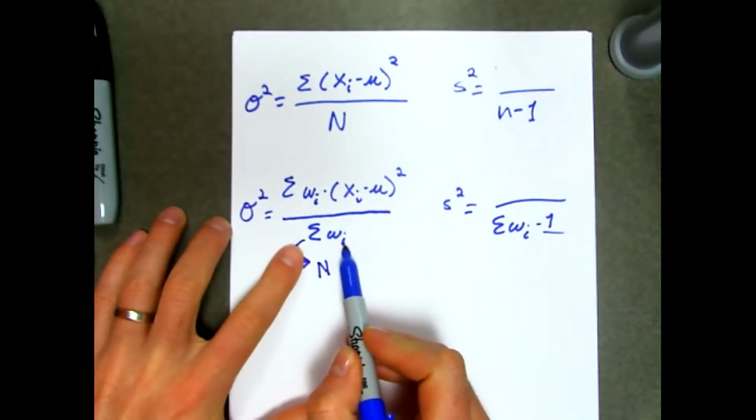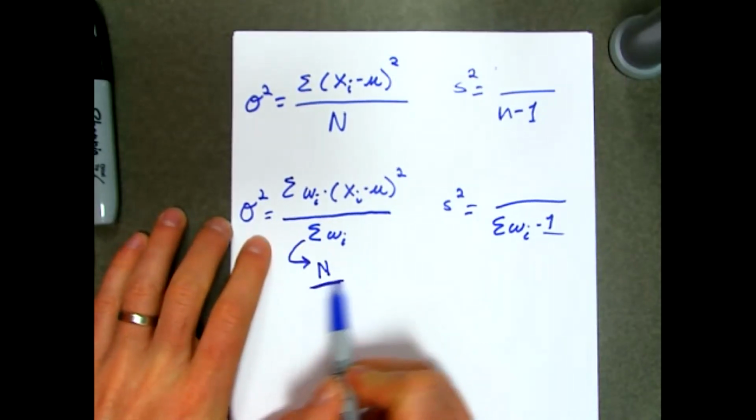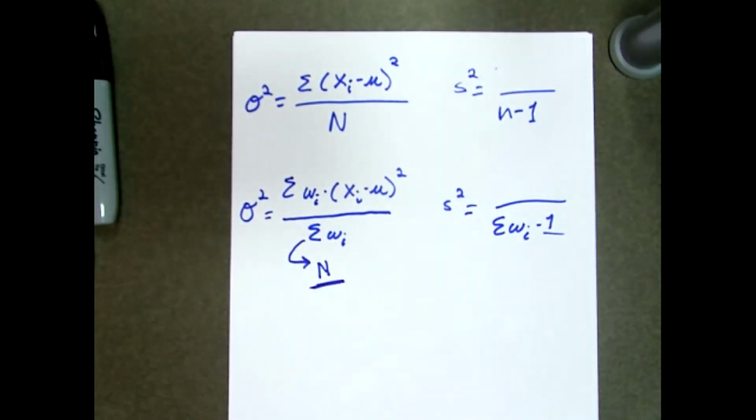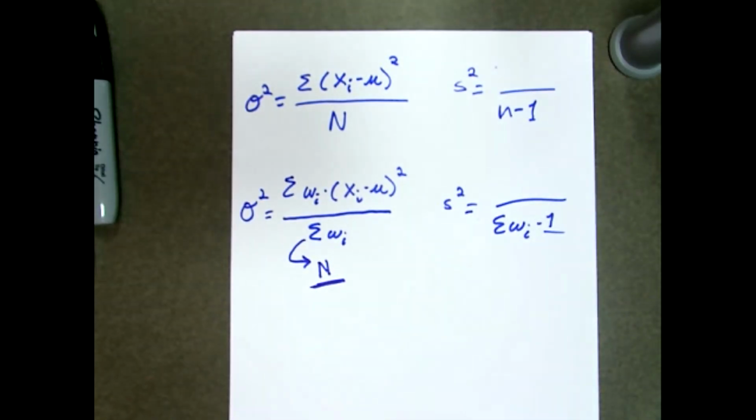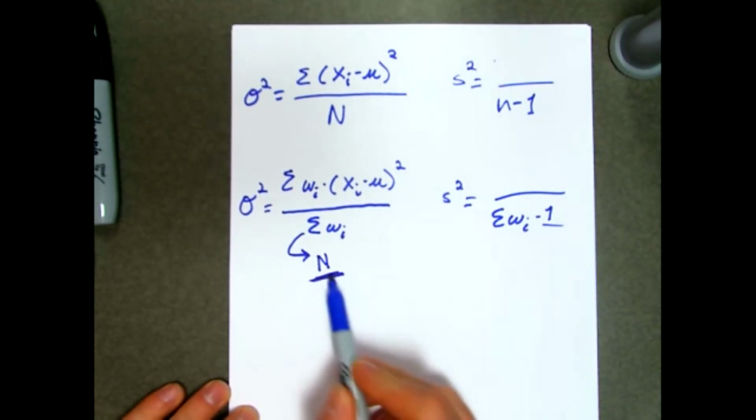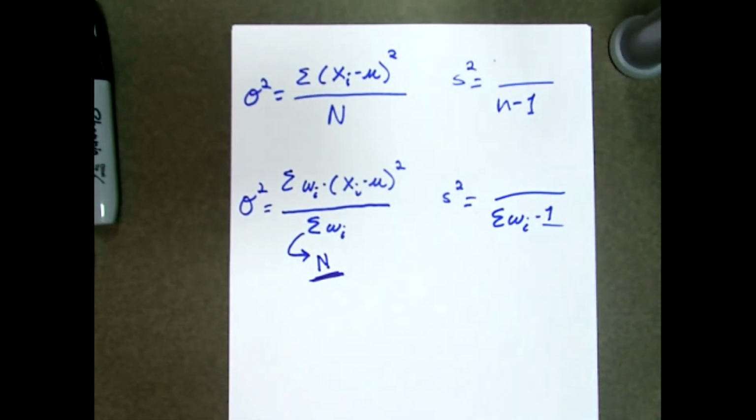So when I add those weights up, or I add up those populations, it represents the total number of observations that existed in this data set that I can't see, before it was grouped and then given to me, okay? So we can write the sum of the weights in here, but sometimes if you were told ahead of time the total number of observations that was in the data before it was grouped, you could actually just plug that in. You wouldn't even have to add up the weights because they should be the same exact thing, okay?